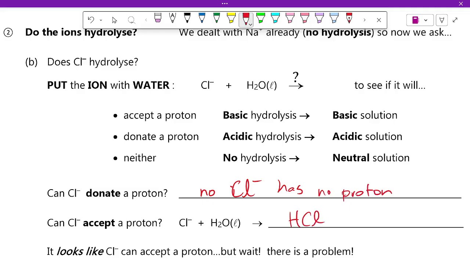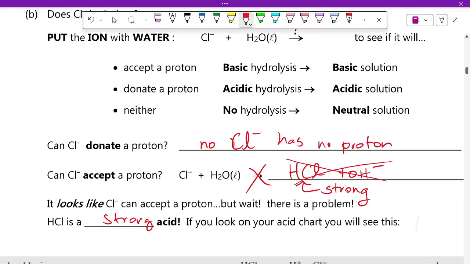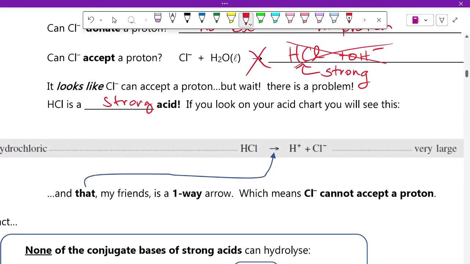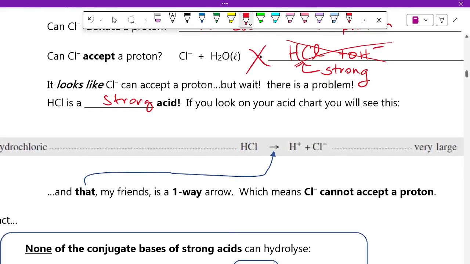You would get HCl, which is strong. So the answer is no, it cannot do that. And I'm just driving home the point here by saying, look, on your chart, it's got a one-way arrow, it cannot accept. But you guys know that already.